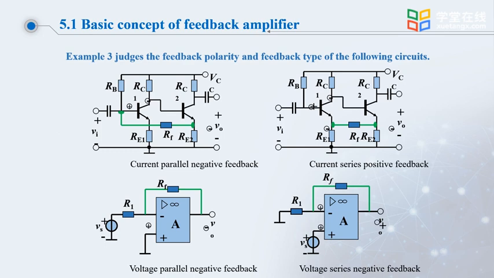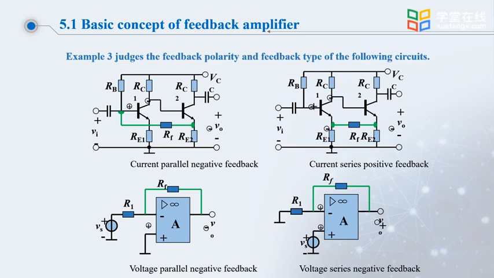If the output is instantaneous negative, what we care about is the current on the feedback element. The right potential of this resistance drops suddenly, so the current should flow from left to right. So the current on the RF is going from left to right. It's a negative feedback that reduces the net input current of the basic amplifier.